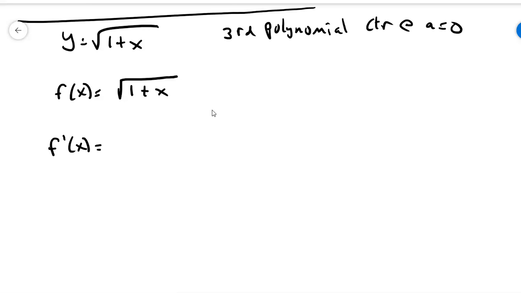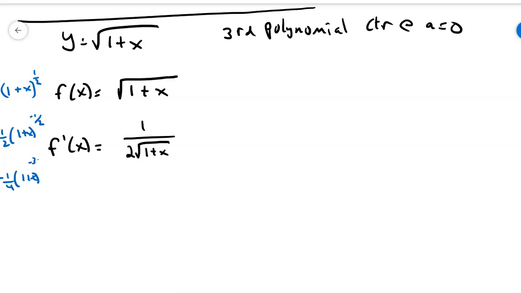F prime of x, if we're thinking of it as 1 plus x to the 1/2, the first derivative then would be 1/2 times 1 plus x to the negative 1/2, which is 1 over 2 square root of 1 plus x.